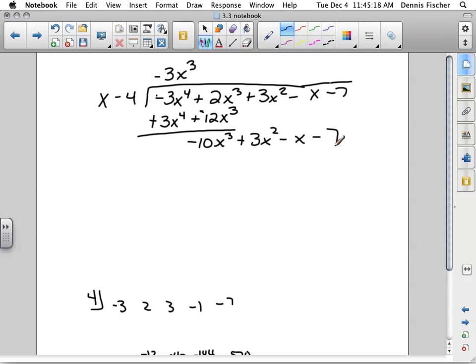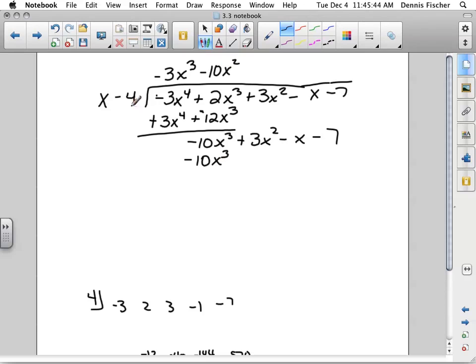It's a little nasty, isn't it? What times x will give me negative 10x cubed? Negative 10x squared. So negative 10x squared times x is negative 10x to the 3rd.